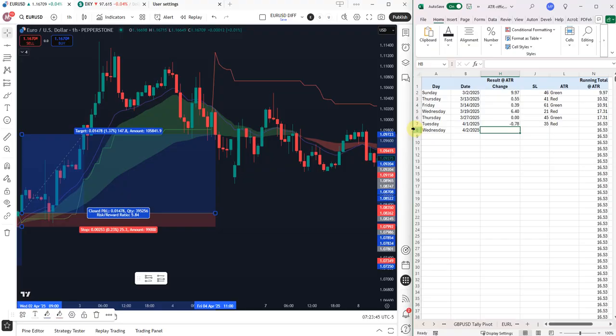A ratio of 5.84. Again, that means if we were risking $100 or 1% of a $10,000 account, we would have won $584. All right. Our stop loss was 25, and it was a green for buy.